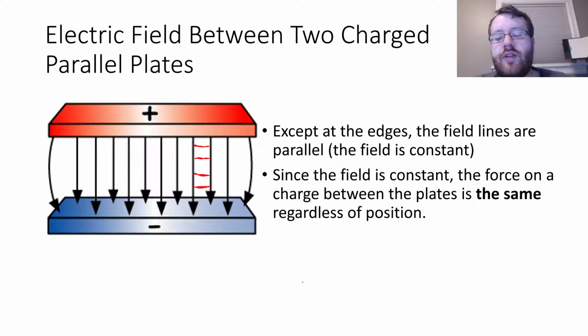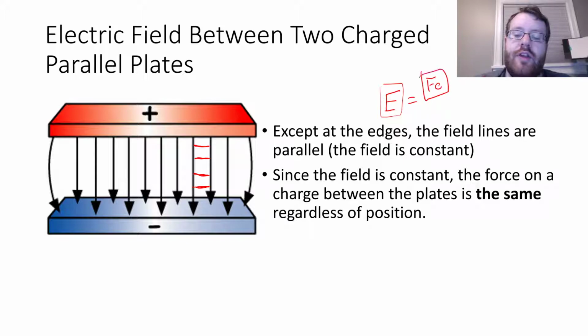So since this field is constant, the force on all charged particles is the same regardless of position. Because my electric field strength is the same, that will make my force the same as long as we're talking about a charged particle that isn't changing charge, which it wouldn't be. So these things stay the same.